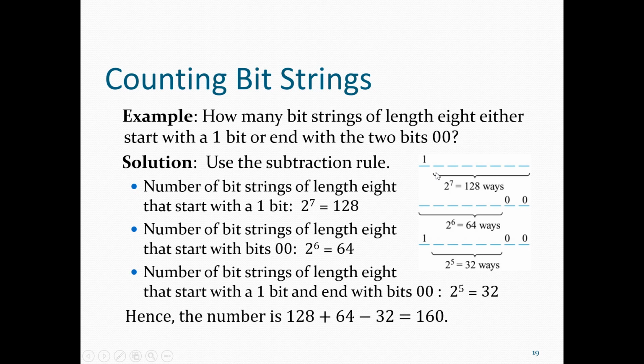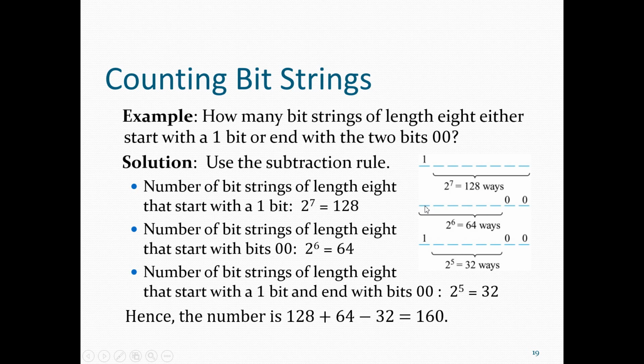Like if we are choosing bit strings starting from 1, there is a possibility of ending the string with 00. In case we are ending with 00, it consists of all the bit strings starting from 1 as well.